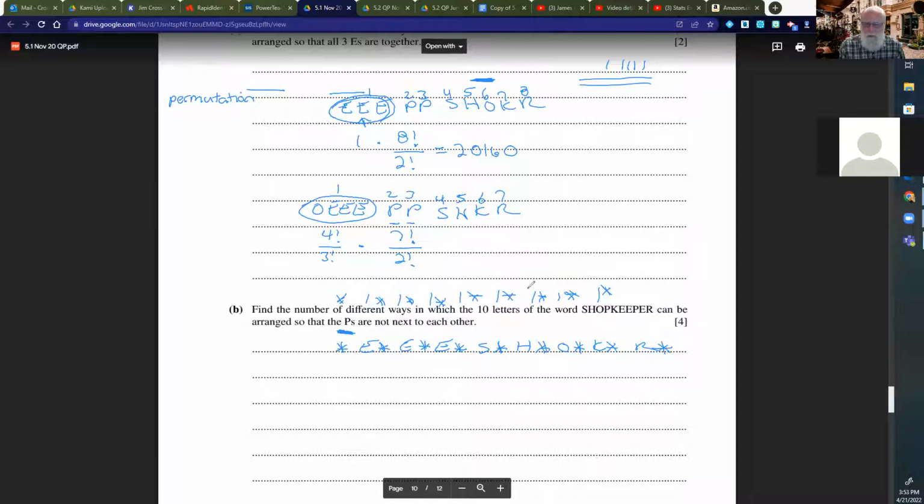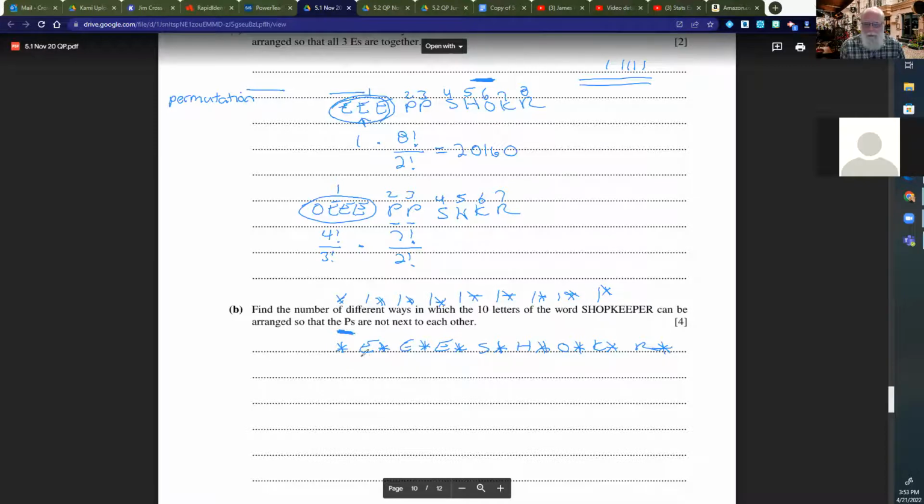What am I going to do first with my stars and my bars? You need to find out the number of ways the bars can be arranged. Okay. Now, the problem is when I look at this written this way, it looks like they're all bars, right? Now, look at my letters.